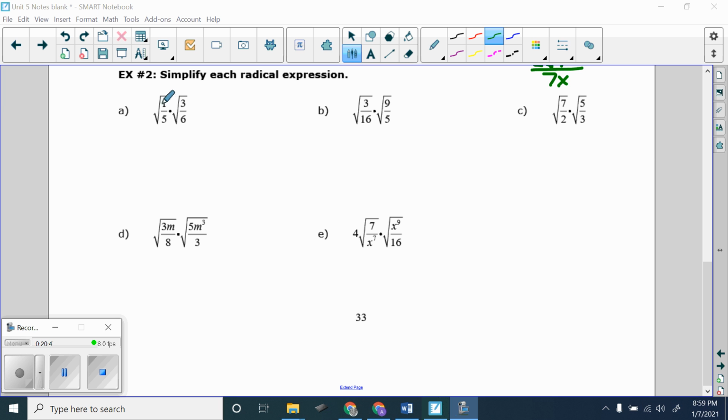This last section involves fractions underneath radicals being multiplied to itself. So it's everything all in a nutshell. So what we're going to do is start by multiplying them together. So the square root of 1 times 3, square root of 5 times 6. Simplify underneath the square root.